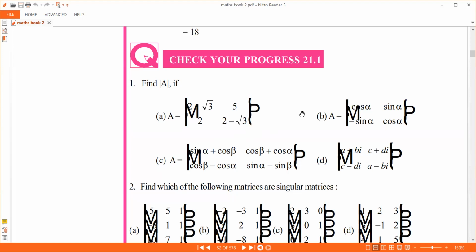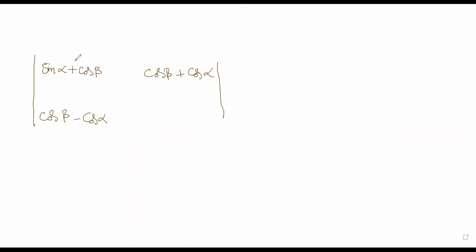I think something is wrong there. I think it should have been sine alpha plus sine beta, into sine alpha minus sine beta. Yeah, I hope so. There should be some symmetry there.